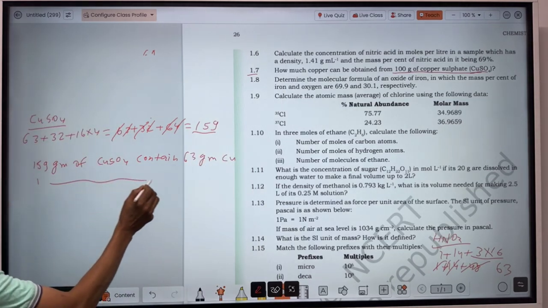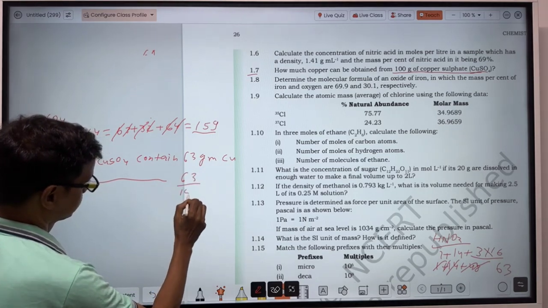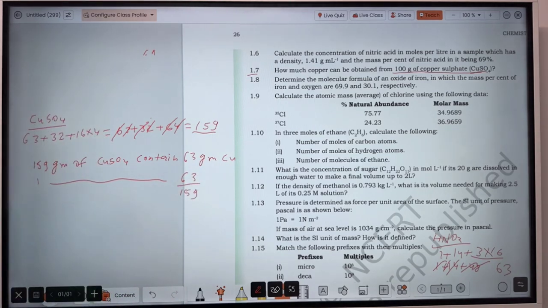So 1 gram will contain how much? And you will have to find out for 100 gram of CuSO4.